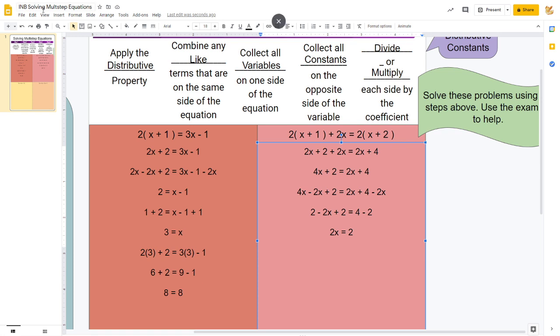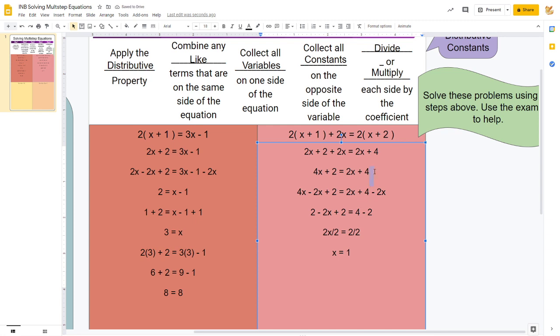So how I'm going to do that is I'm just going to do the simple division sign for the computer, which is just the slash, which should be next to your shift button on the right hand side. You're going to divide both sides by 2 because that's what's with x, and 2 divided by 2 is 1. So what we're left with is x equals 1.